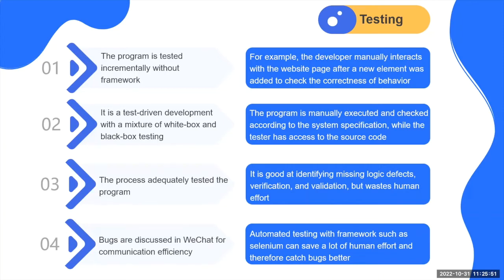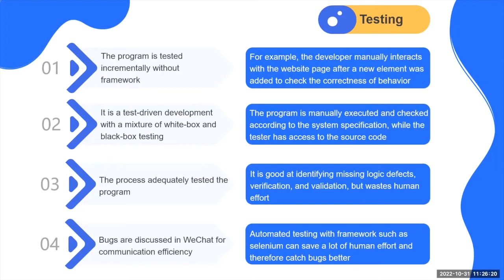Once new functionality is implemented, the developer executes the program and manually checks its behavior according to the system specification. This process can be understood as a compromise between white box and black box testing, because the tester also has access to the source code and its components.